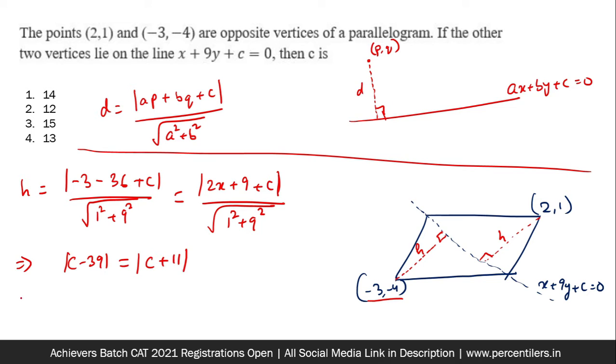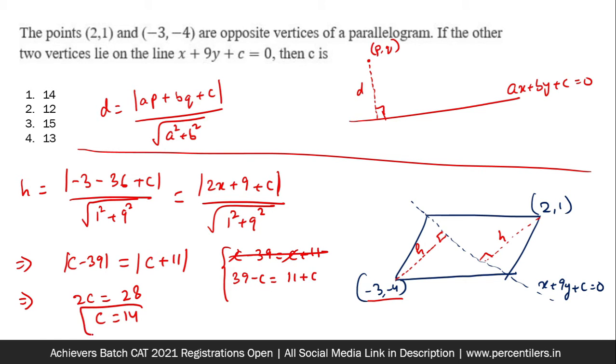You cannot put c minus 39 equal to c plus 11 because that will be impossible. Then you will have to do 39 minus c equal to 11 plus c. So if you solve this, you'll get 2c equal to 28, so according to which c equals 14. So 14 becomes the answer to the question.